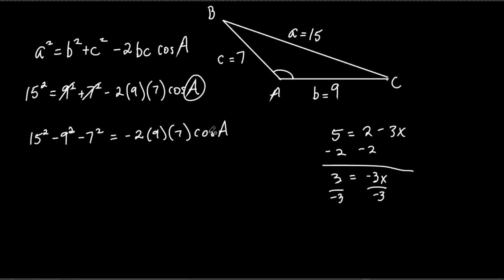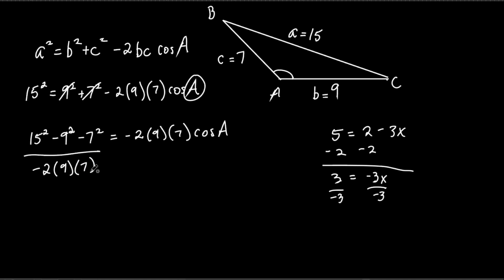I'm not going to mess with the cosine just yet, okay? So how do I get rid of a negative 2, a 9, and a 7 if it's being multiplied? Divide. That's right. So I'm going to divide this whole side by what? Negative 2 times 9 times 7. Isn't that a little easier than going, 2 times 9 times 7 and getting the big old number?